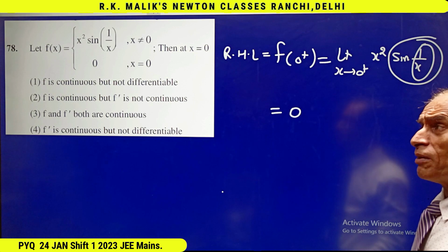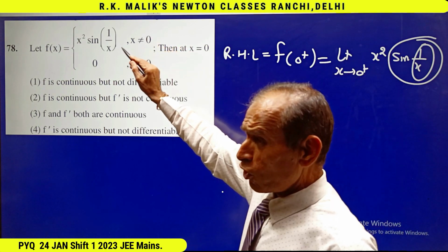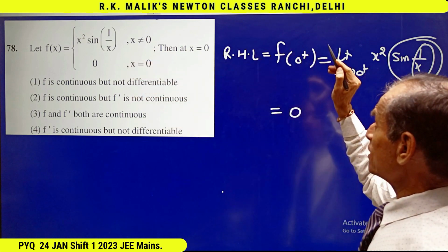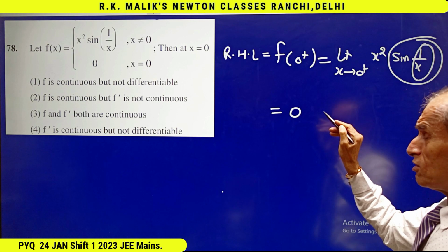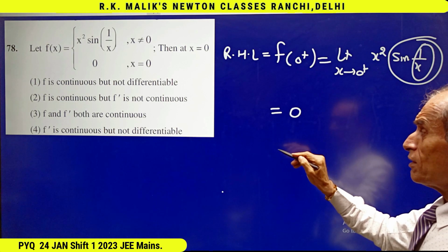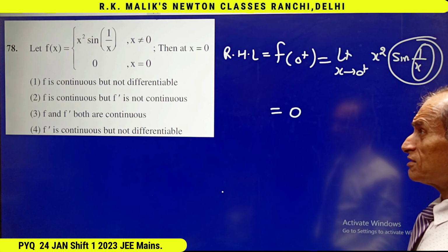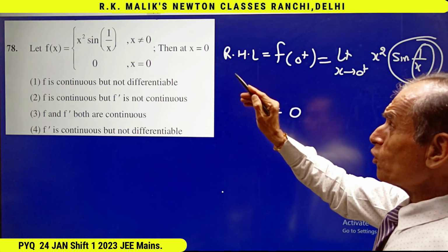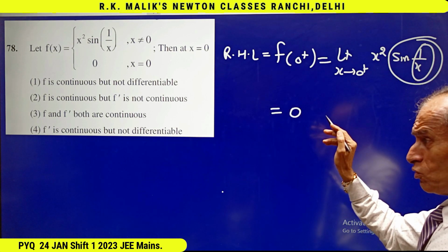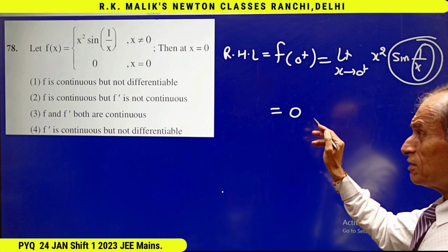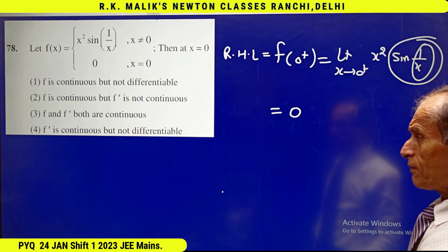You can remember directly that if the function is odd and the right hand limit is non-zero, say 2, then the left hand limit will automatically be minus 2 and the limit will never exist. That is, in the case of an odd function, the limit can exist only if the right hand limit is 0, because then the left hand limit will automatically become 0.